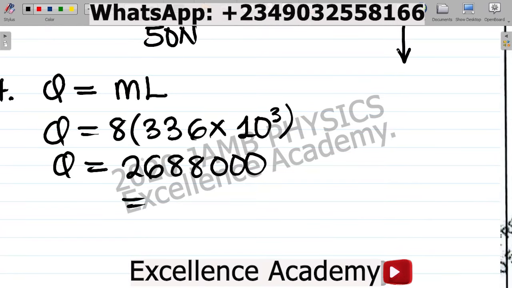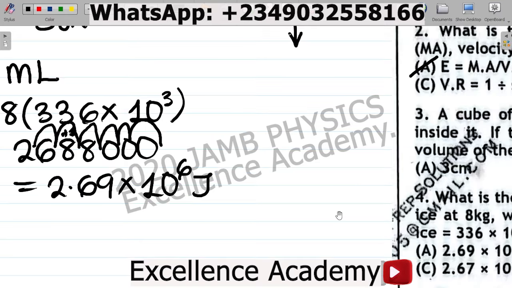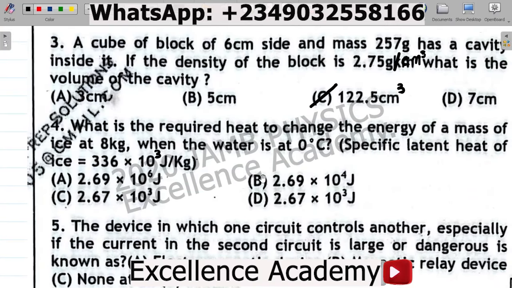Take your point here, it becomes 2.69, moving 1, 2, 3, 4, 5, 6 places, so times 10 to the power 6 joules. So let's see which option this is: 2.69 times 10 to the power 6. That is option A, so option A is the correct answer.